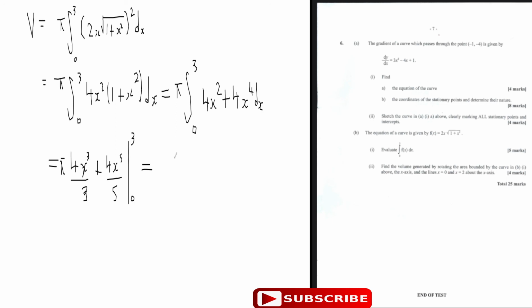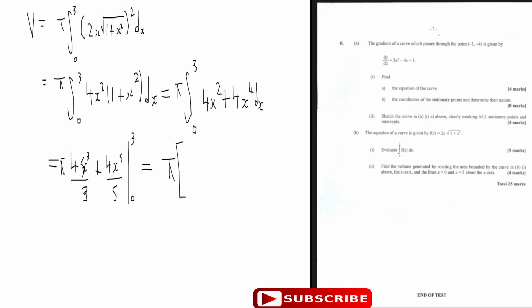We don't need to plug in 0. Just checking to make sure we squared it properly: 2x squared, 2 squared is 4, x squared is x squared, and the square root of 1 plus x squared, when squared, the square cancels the square root to give 1 plus x squared. When we expand this, we get 4x squared plus 4x to the 4, so we're fine. Add 1 to the power, divide by the power, so we're good.